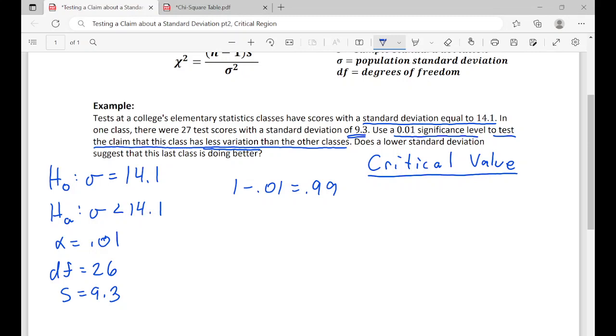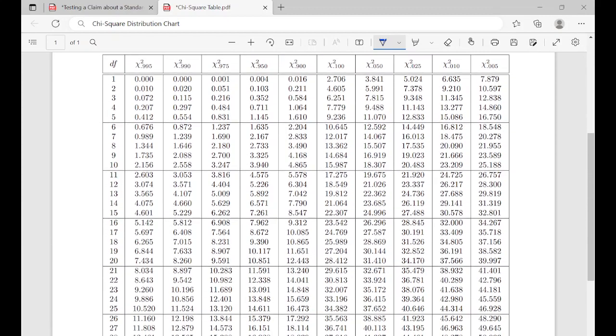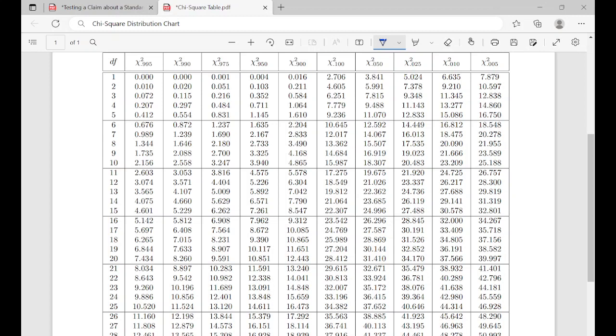Now to do that, we're going to go into our chi-squared table and look for 0.99, where our degrees of freedom is 26. So here's our chi-squared distribution table, and this will be the graph that we use to find out whether we reject or fail to reject. It won't look exactly like this, but it'll be pretty close. So we're looking for degrees of freedom being 26, which is right here.